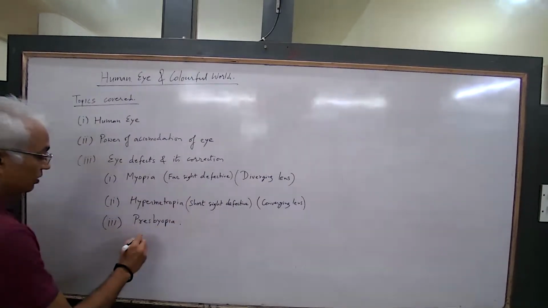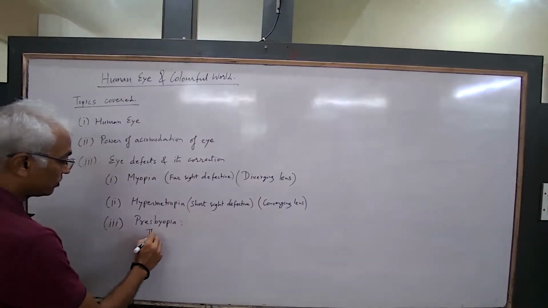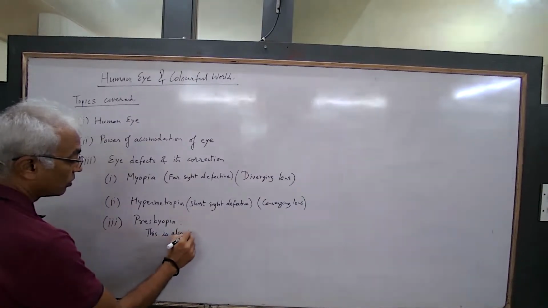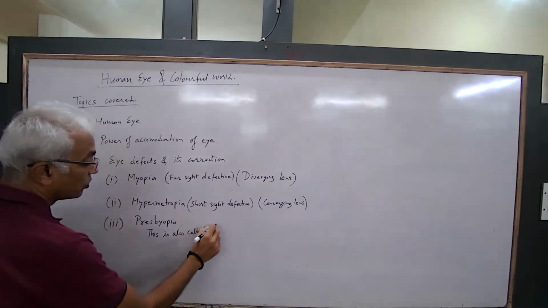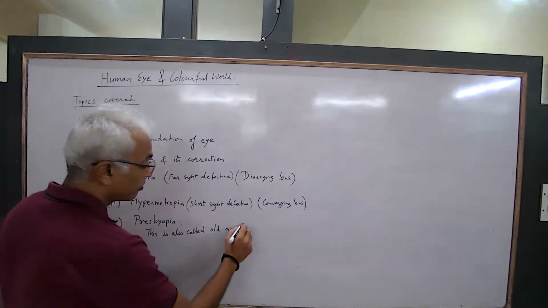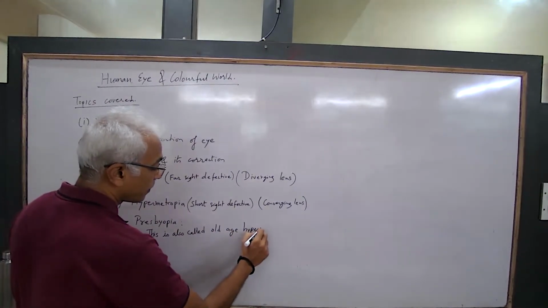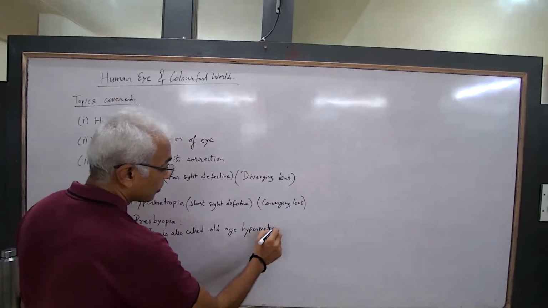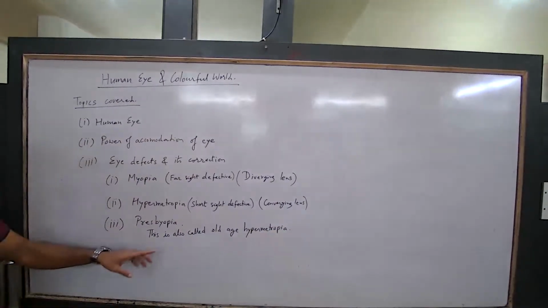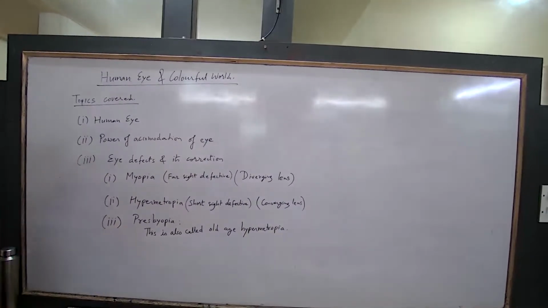So this is also called old age hypermetropia. What happens in old age?